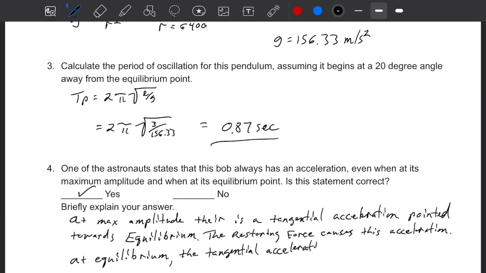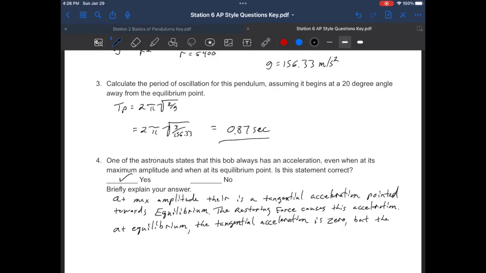At max amplitude, there is a tangential acceleration pointed towards equilibrium. The restoring force causes this acceleration. At equilibrium, the tangential acceleration is zero, but the velocity is maximum, which gives you that calculation for centripetal acceleration.